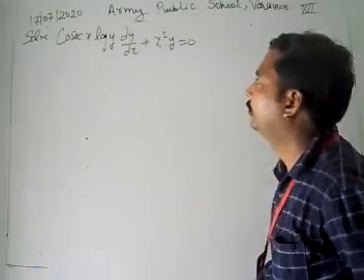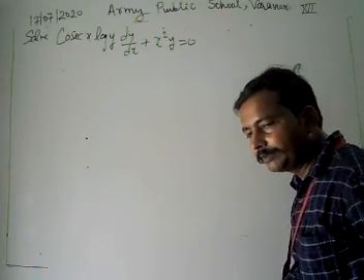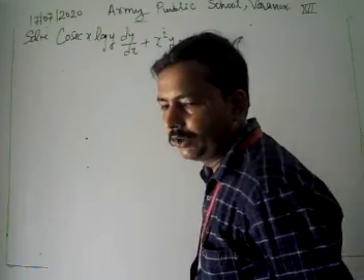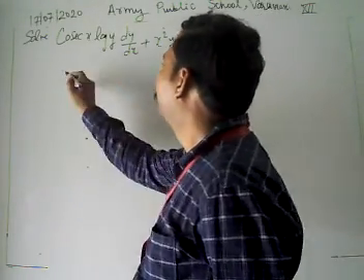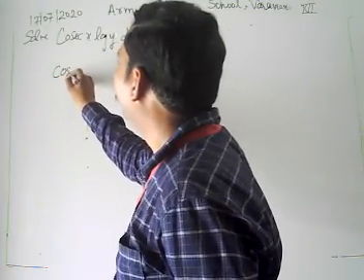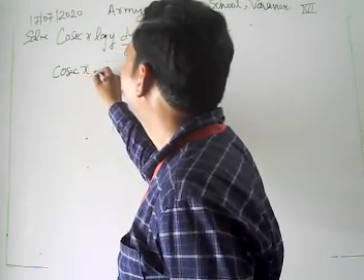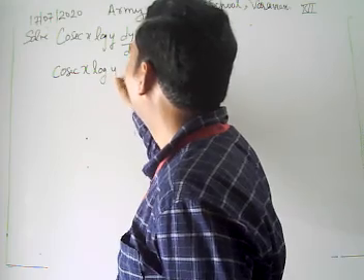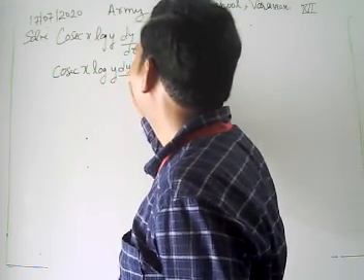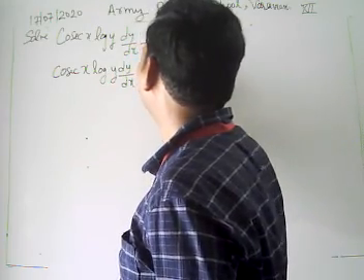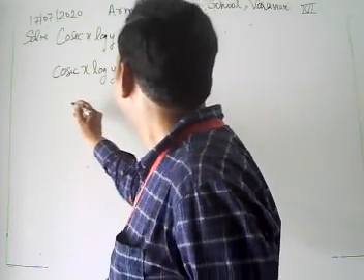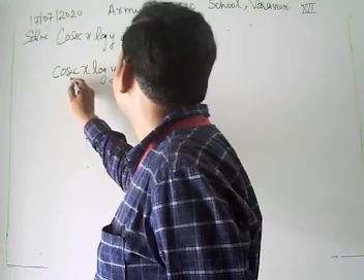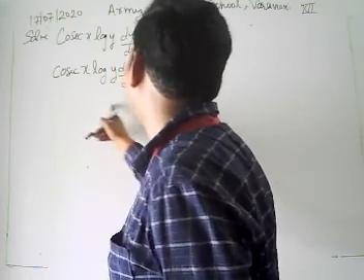Look again. First of all, we have the problem here on the screen. Now we have to use the variable separable method again. We are going to separate our variables. Let's write down cosec x log y dy by dx equal to minus x square y. Now we have to shift cosec x, and we are going to shift the y here.